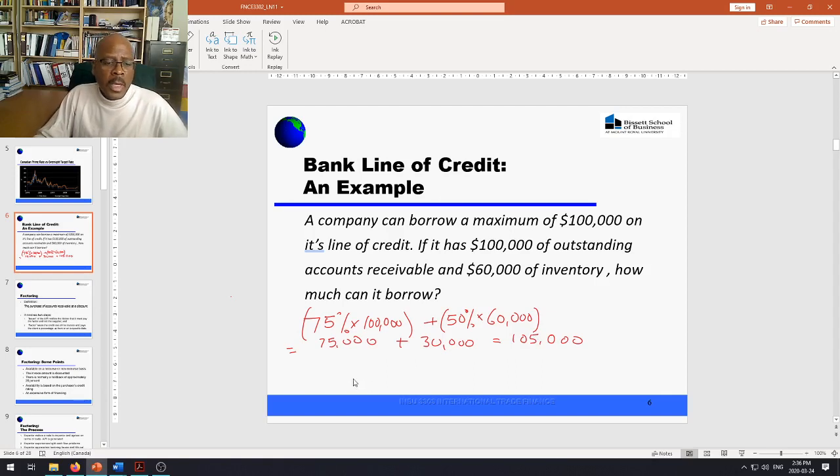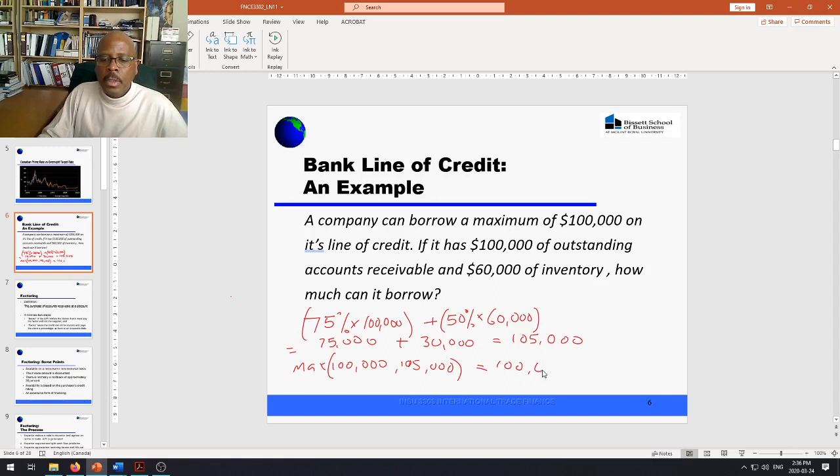However, this amount has exceeded the maximum of 100,000, so the amount you're allowed to borrow is equal to 100,000.